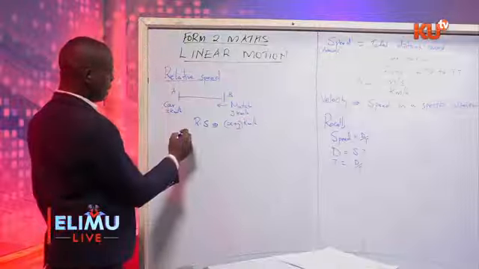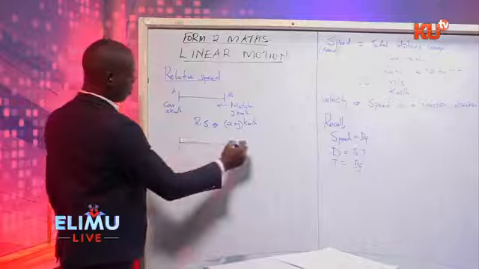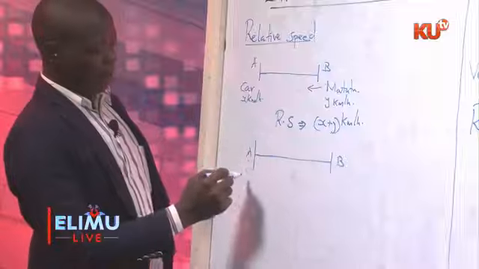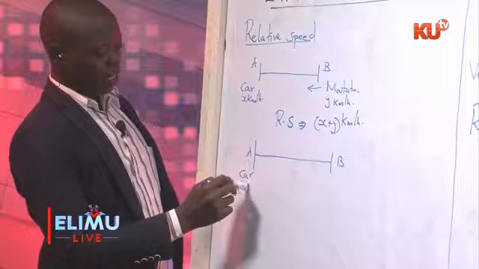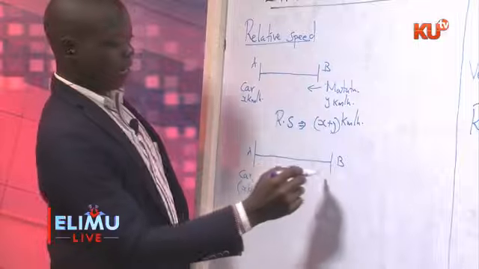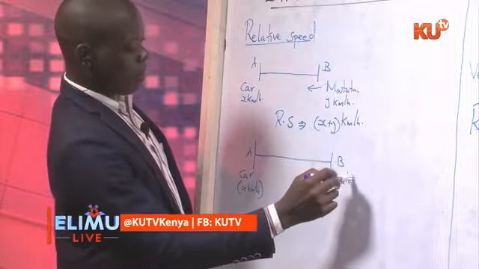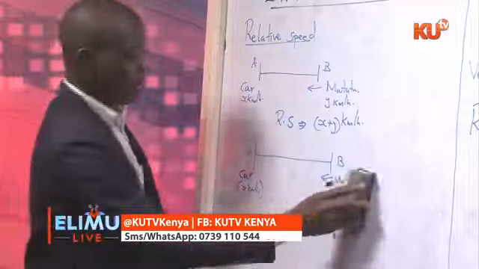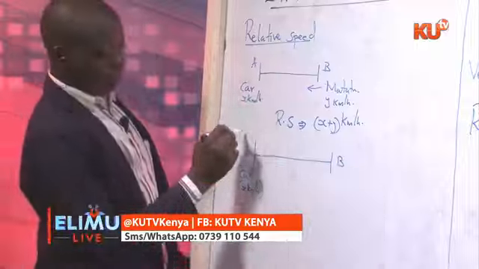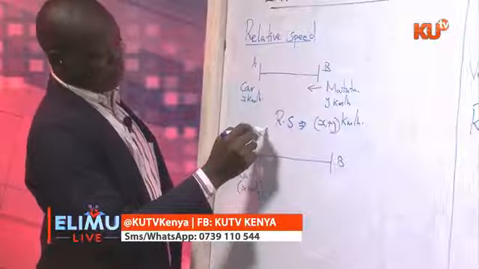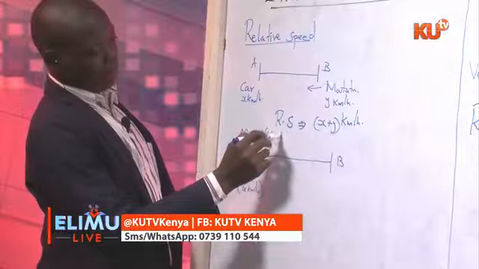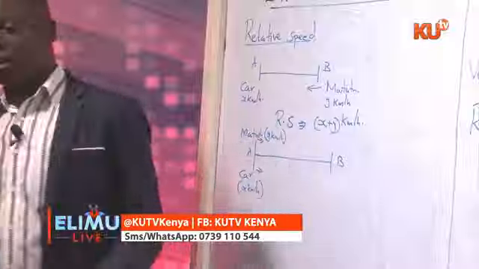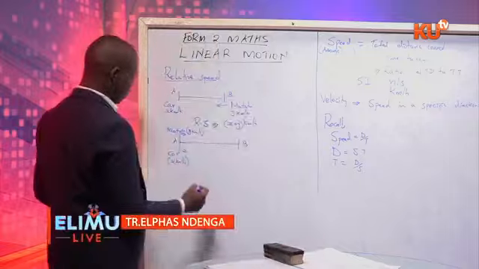And if they are moving in the same direction, assuming now we have A and B, and I have the car at x kilometers per hour, and then the matatu moving in the same direction, meaning they are all moving from A, going at y kilometers per hour, then we shall consider the relative speed as the difference in their speeds.